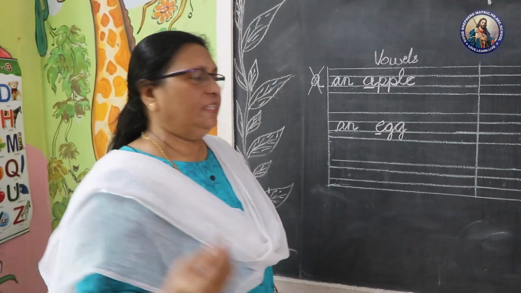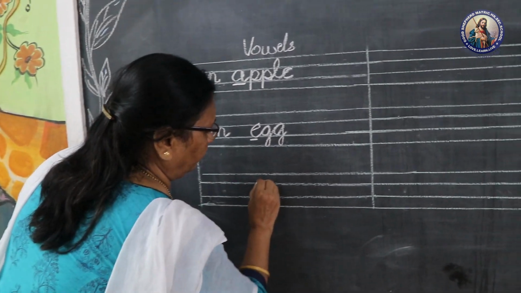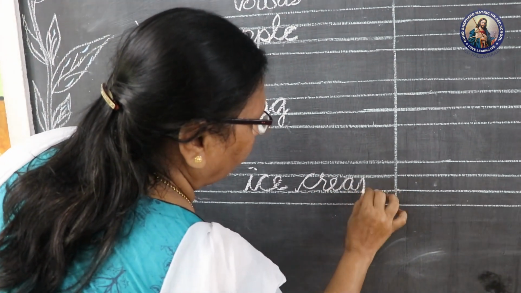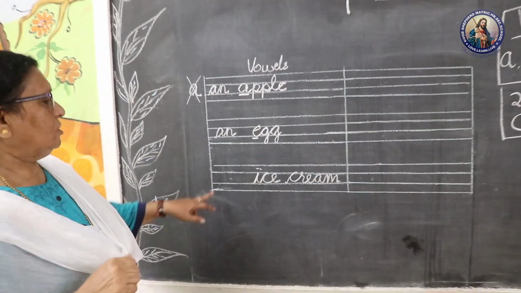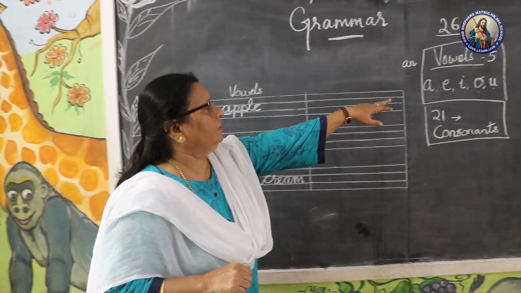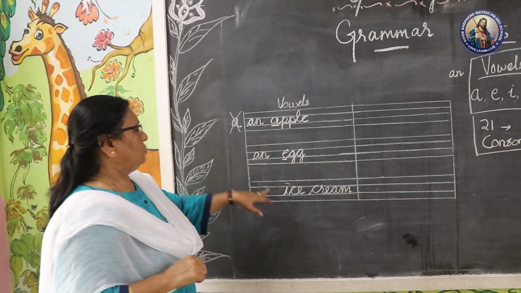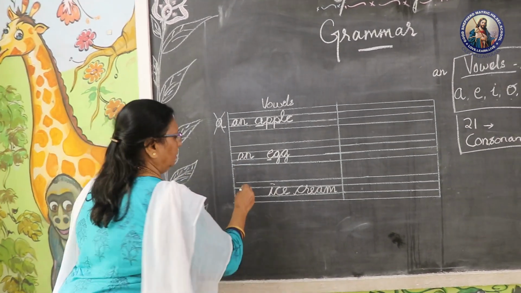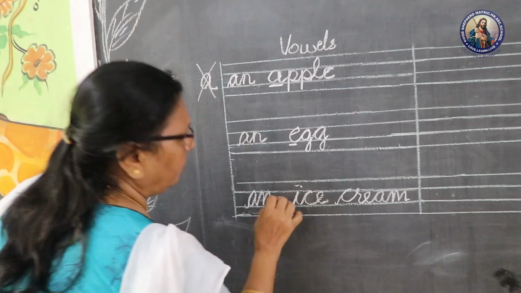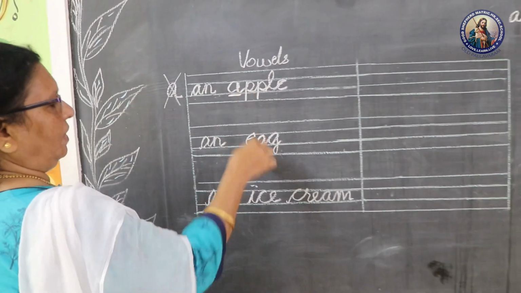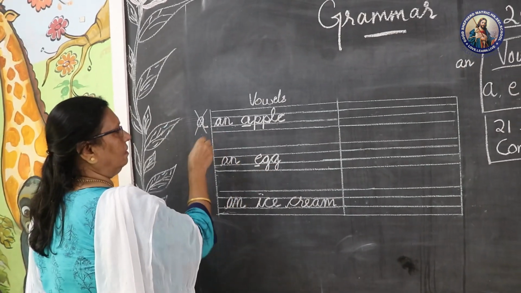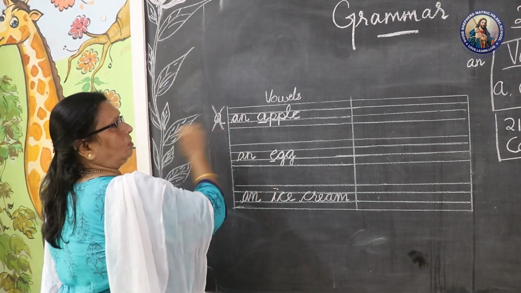I: let us take the easy one, ice cream. I is a vowel, yes or no? Yes. So what has to come before a vowel? For a singular, it is an ice cream. For these vowels, if you use a apple, a egg, a ice cream, it is wrong.